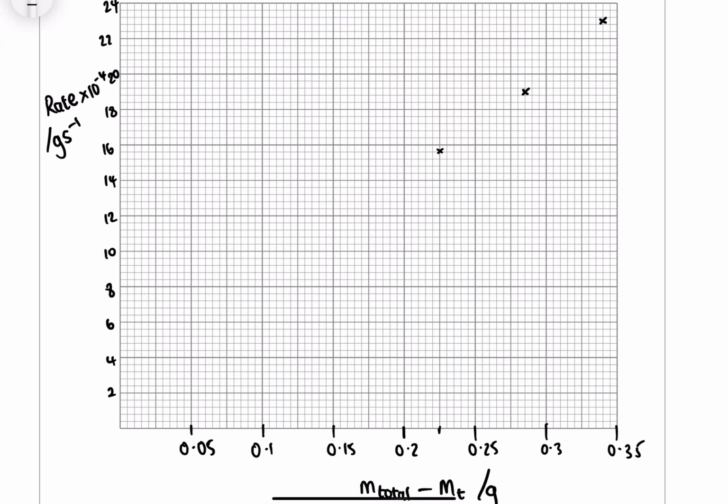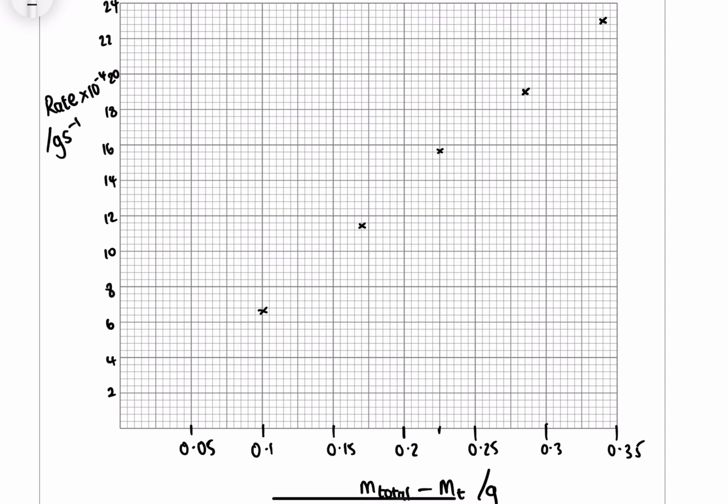Then 11.5 at 0.17, and then at 0.1, 6.67, which would be in between 6 and 8.